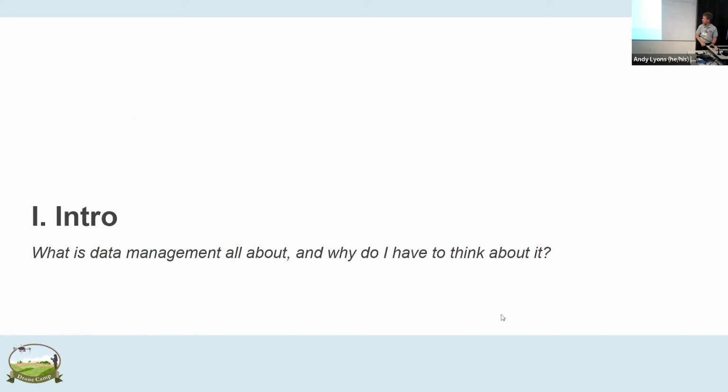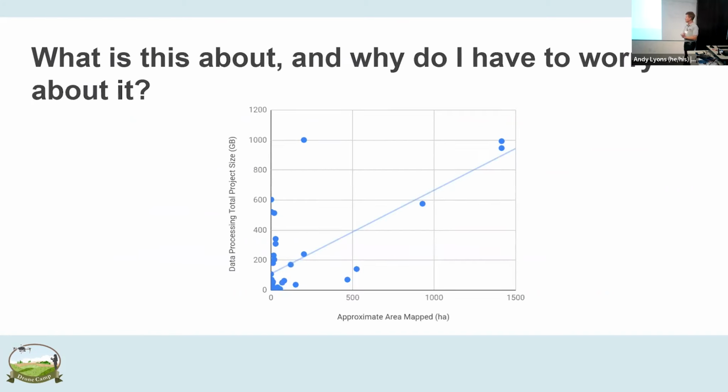So why do you want to think about this? In short, drone data can quickly become big data, right? It's probably intuitive that the amount of data, as you measure it in megabytes or gigabytes, will certainly get larger as you work in larger areas. As you're mapping larger areas, you need more imagery. That's very intuitive.